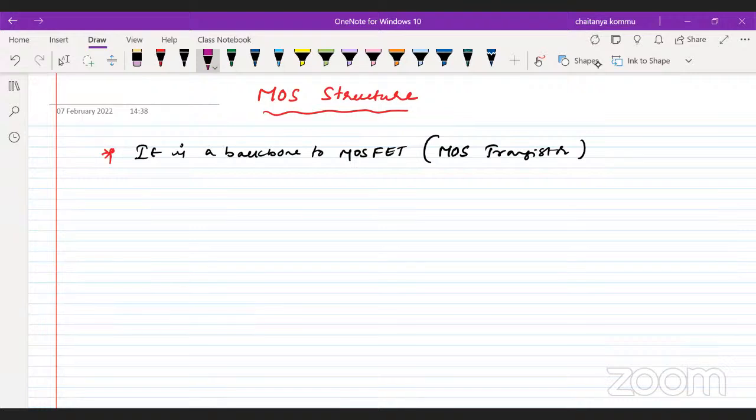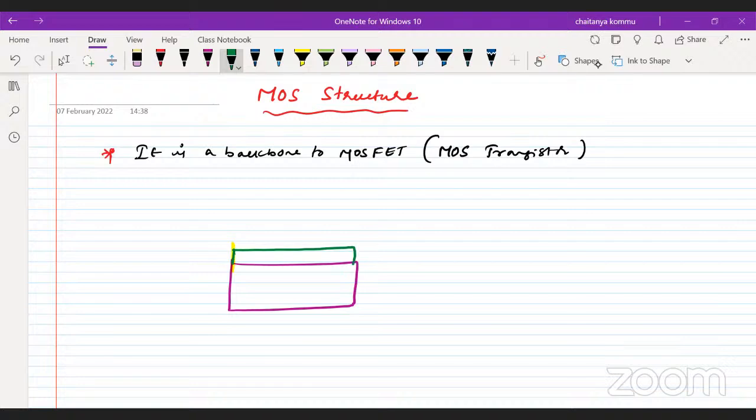As we know, we have a three-dimensional view, something like this. On top of it, we have polysilicon, right? Also on top of it, we have some material.